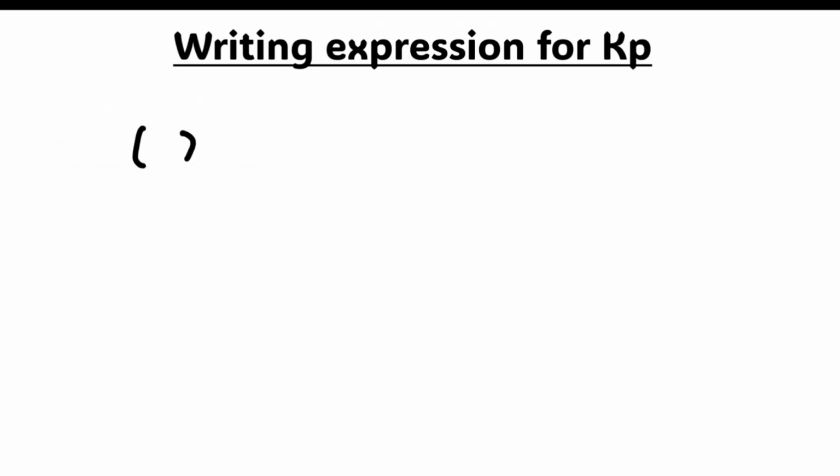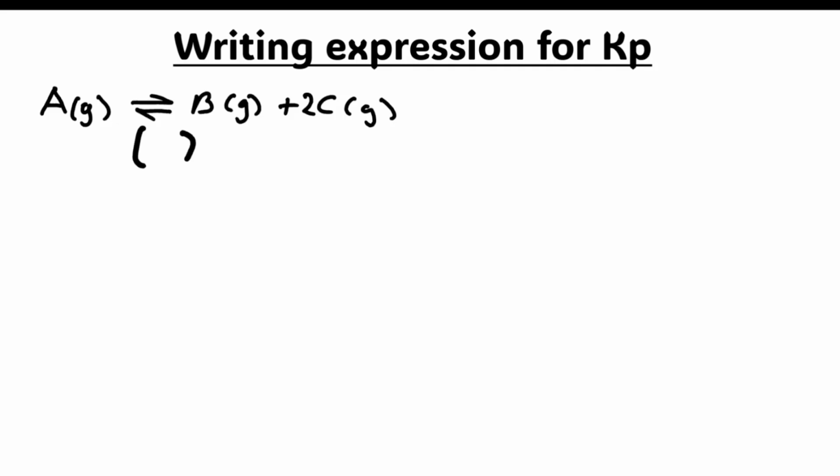So when we're writing the expression for Kp, for example, we have this equation. If you know how to write your expressions for Kc, which is the equilibrium constant for concentration, then you would know how to do Kp, but it's a bit different. Instead, we put a P, and we don't use square brackets.